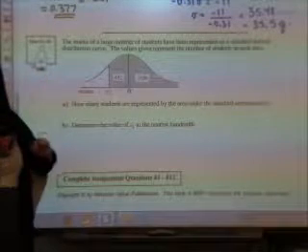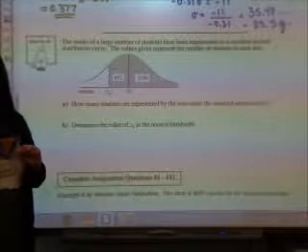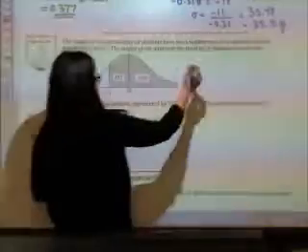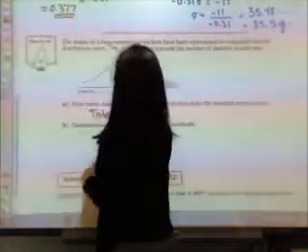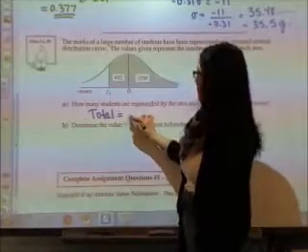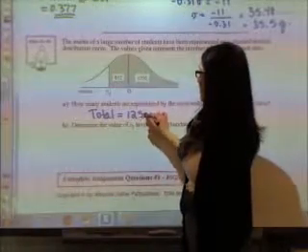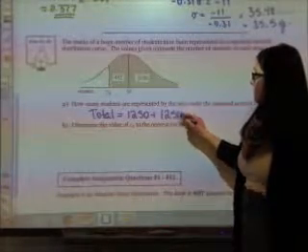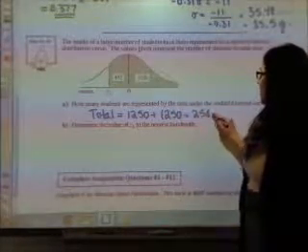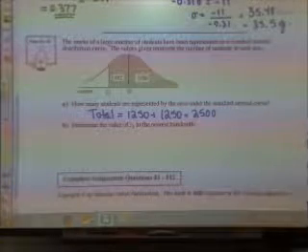So how many students in total? How much? 1,250 on the right-hand side. Right. Means there has to be 1,250 on the left-hand side, so there have to be 2,500.